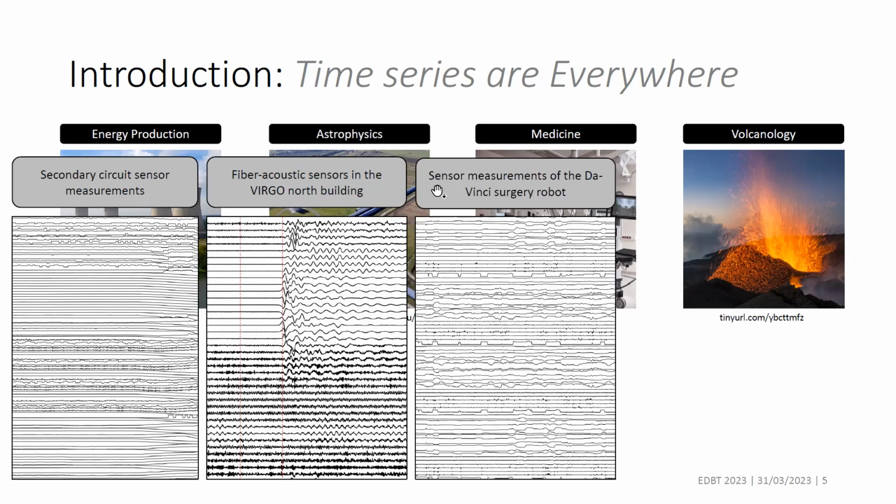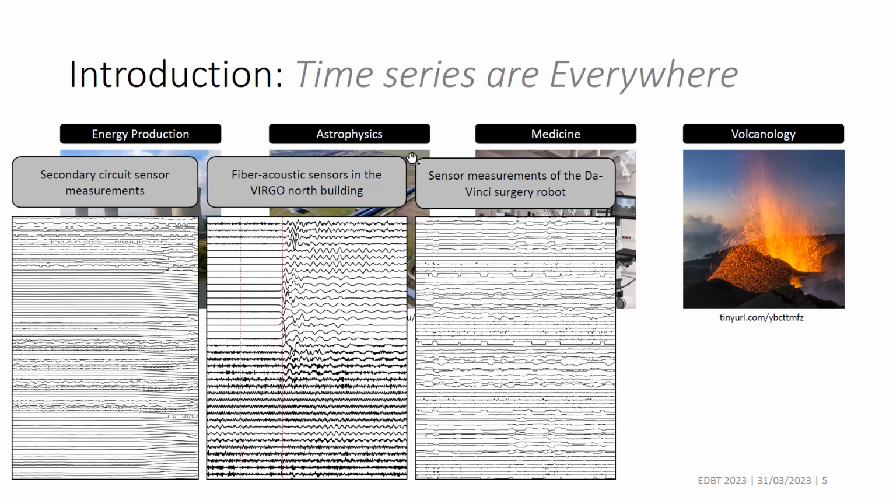Here you see telemetry measurements from the Da Vinci surgery robot, the thing that was in the picture here. This is the position of the end of the arm of the surgeon, the one in the robot, and all the movements, rotations, angles, and everything. This also generates a lot of information, a lot of time series on a lot of different sensors.